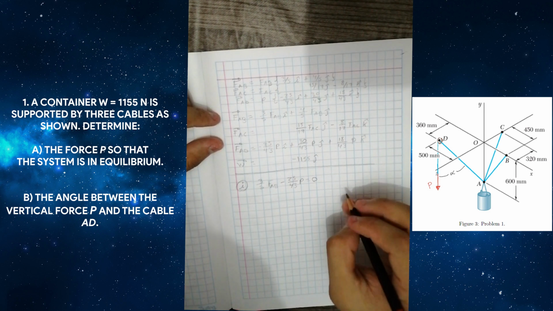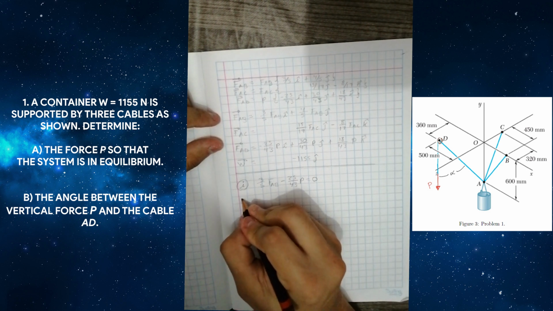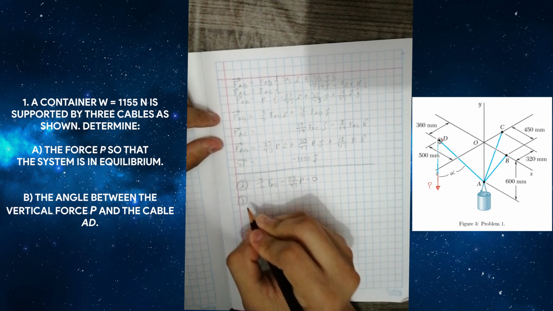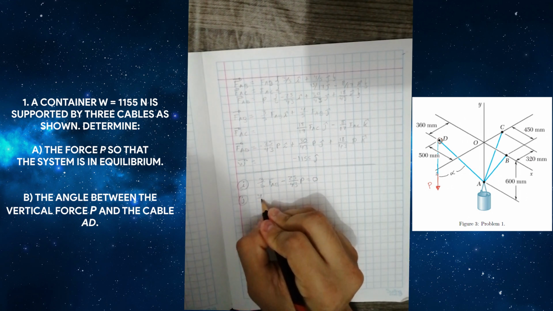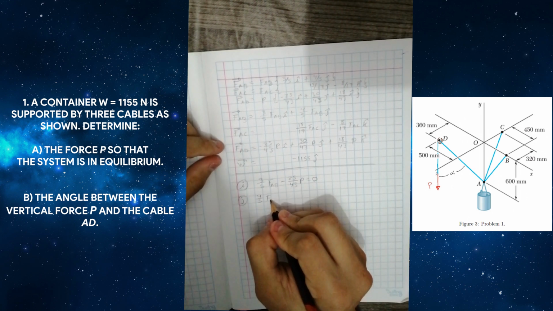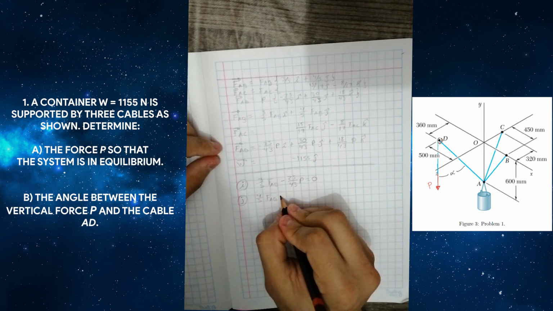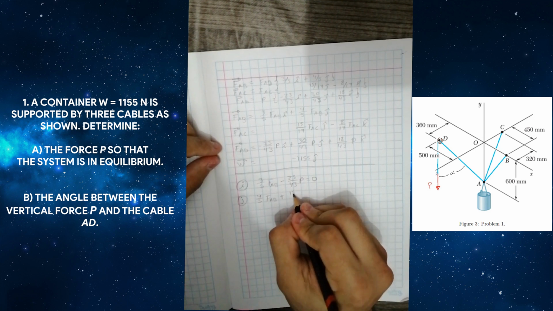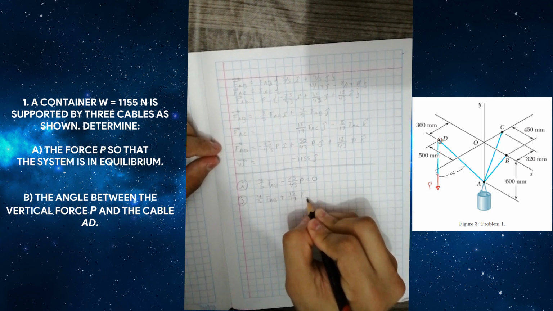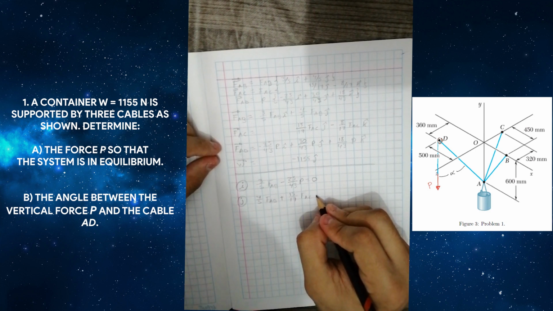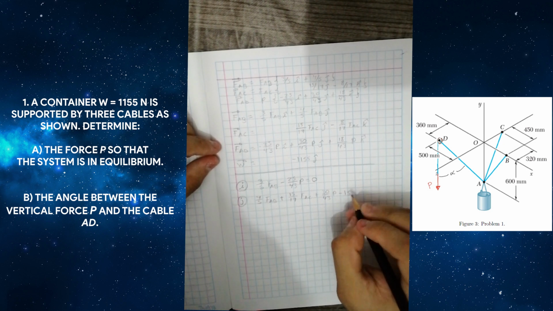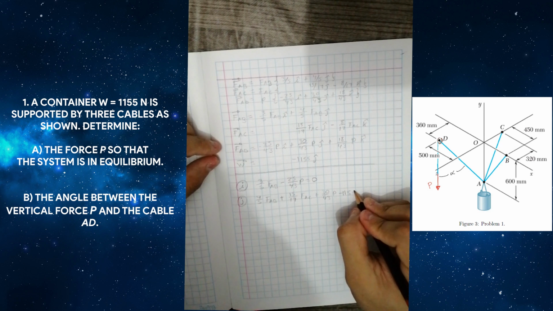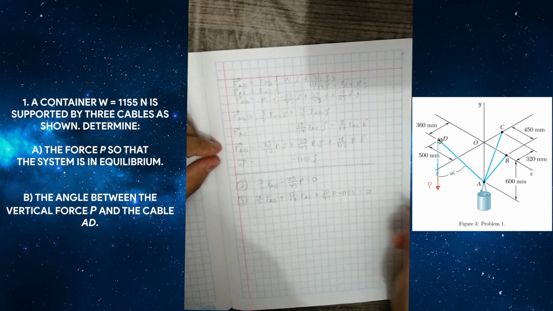Next, for the components in terms of j is 4 over 5 the force AB plus 15 over 17 the force AC plus 30 over 43 P minus 1155 equal to 0.